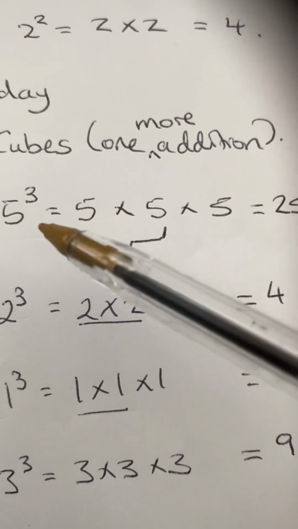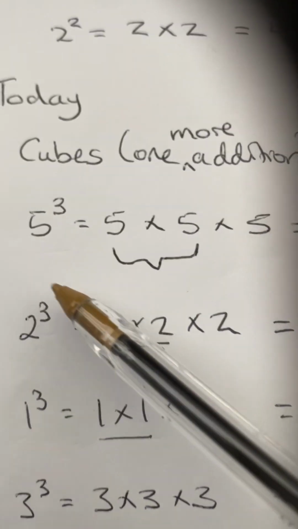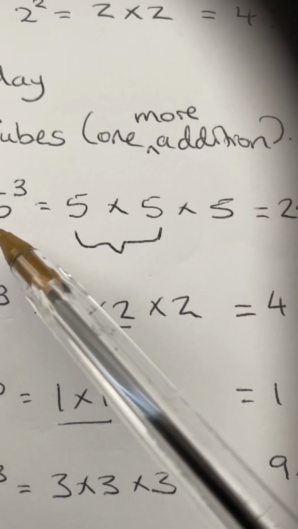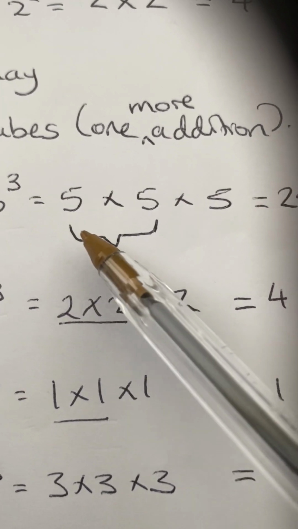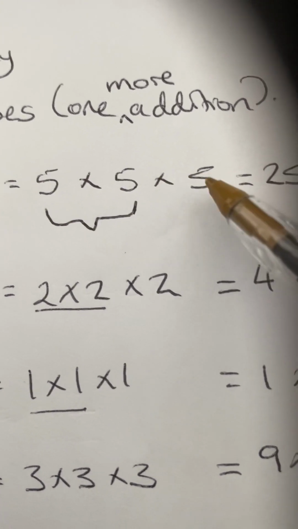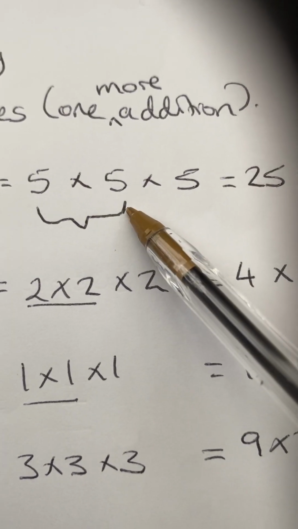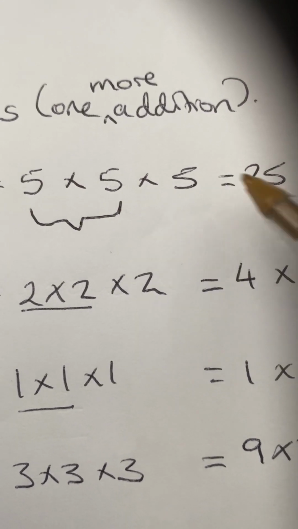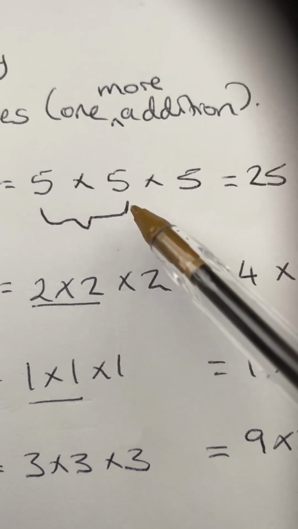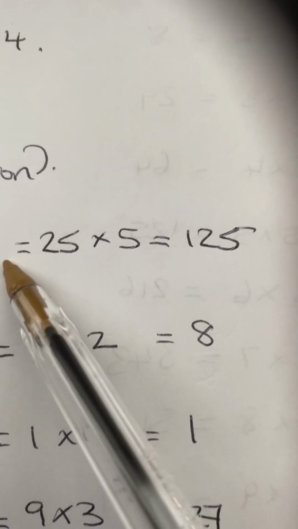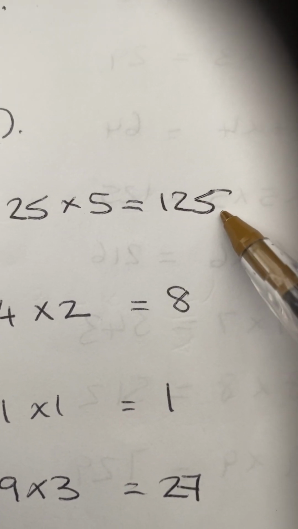Cubes is to the power 3. So 5 to the power 3, meaning 5 times 5 times 5. So 5 times 5, 25, times another 5, 125.